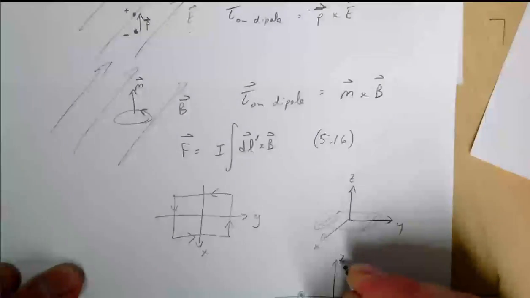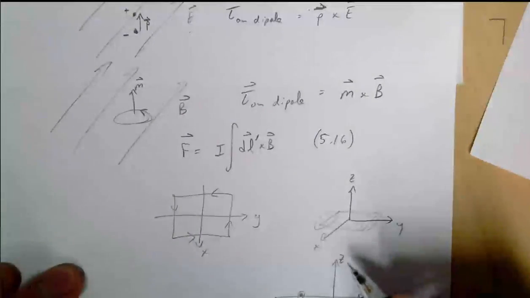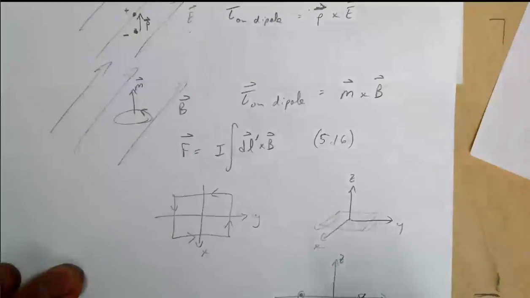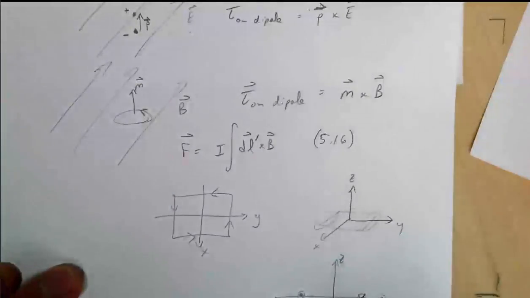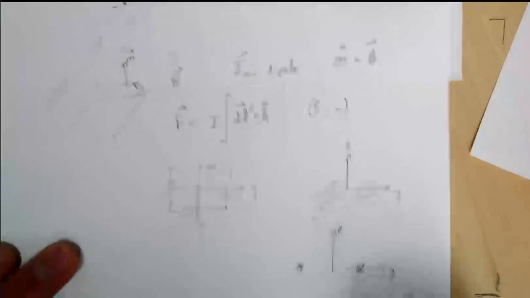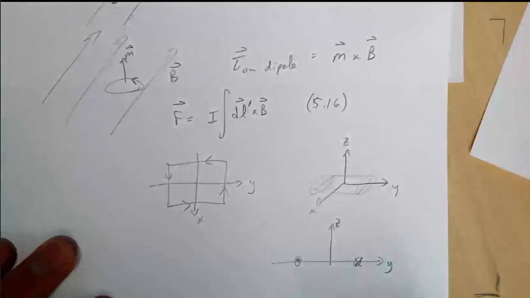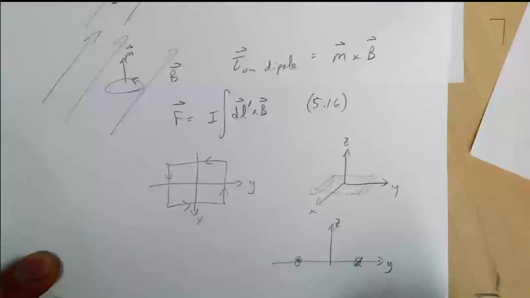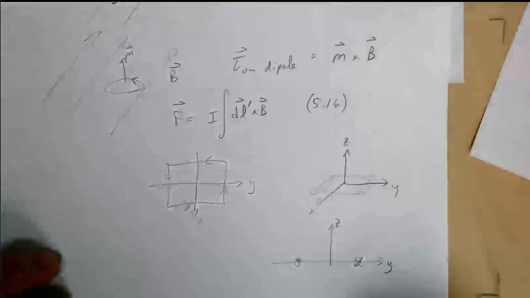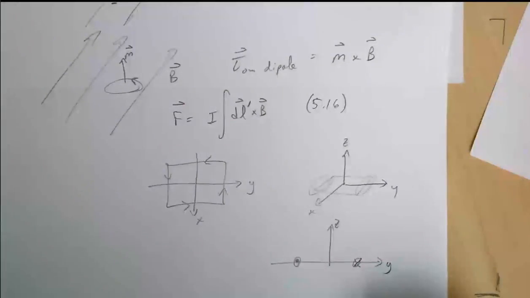And then we're going to have our magnetic field, which I gave as something in the z-hat direction plus something in the y-hat direction. So you draw your magnetic field, compute the force on each of these sides, and then calculate the torque. I would use the symmetry of the problem as a guide here.